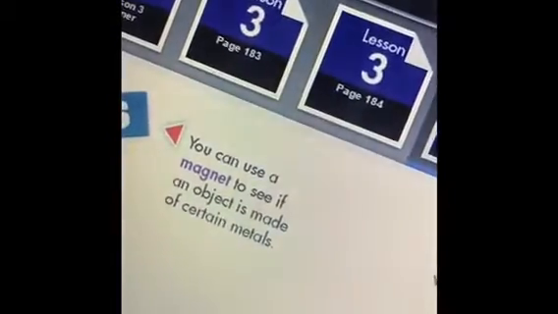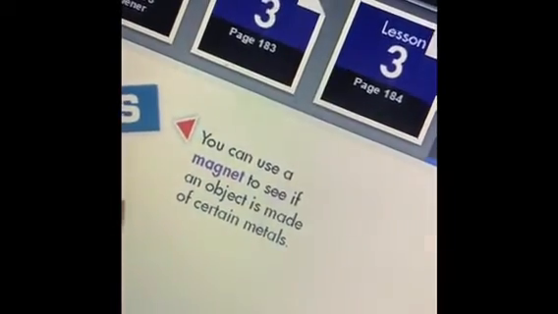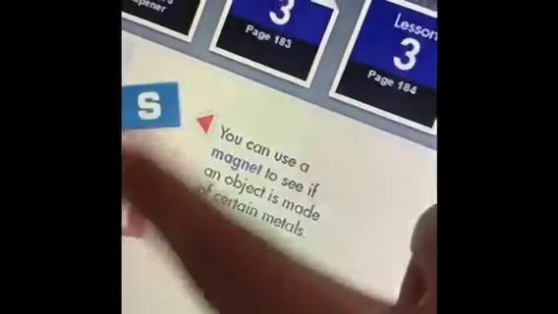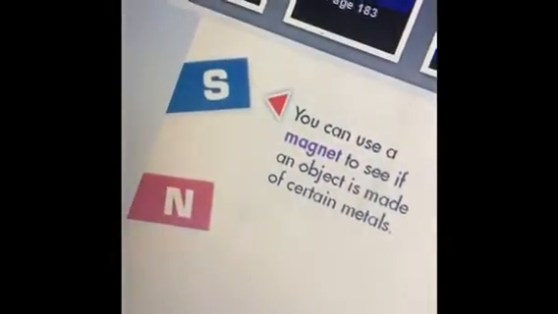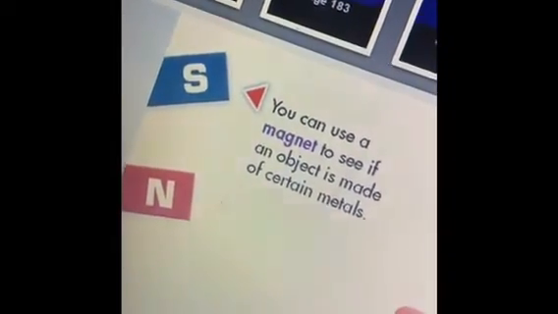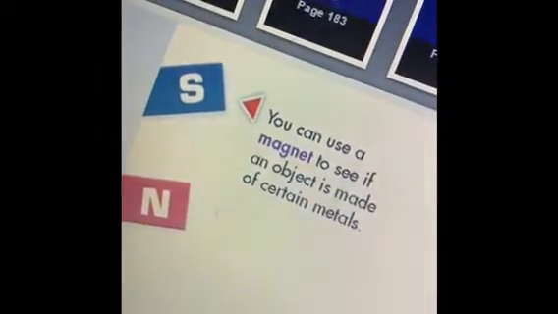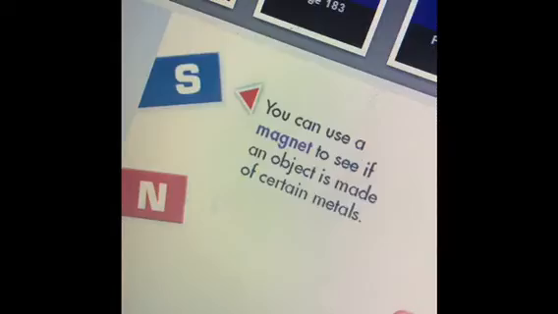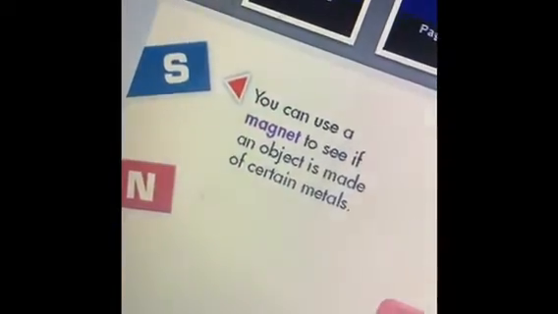It attracts some metals, so we can use it to see if an object is made of a certain metal.